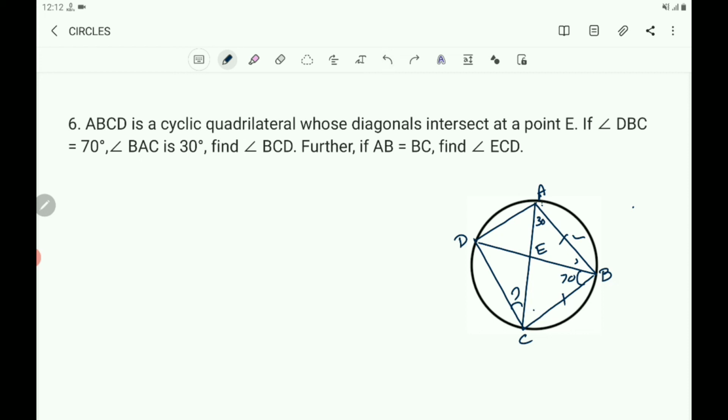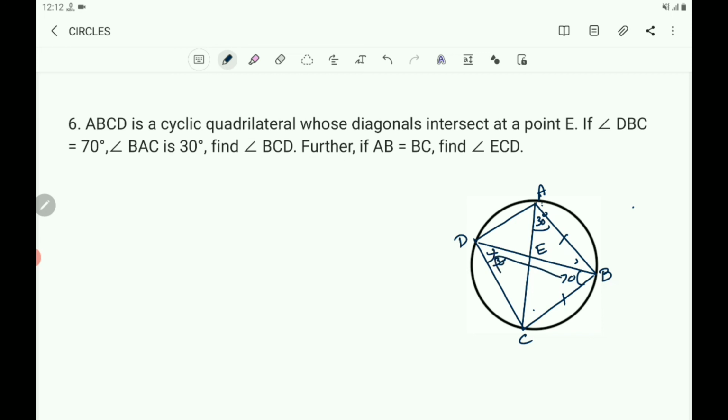And to find angle BCD, you consider this angle CAB is equal to angle CDB, because they are the angles in the same segment. So this is equal to 30 degree you can write.